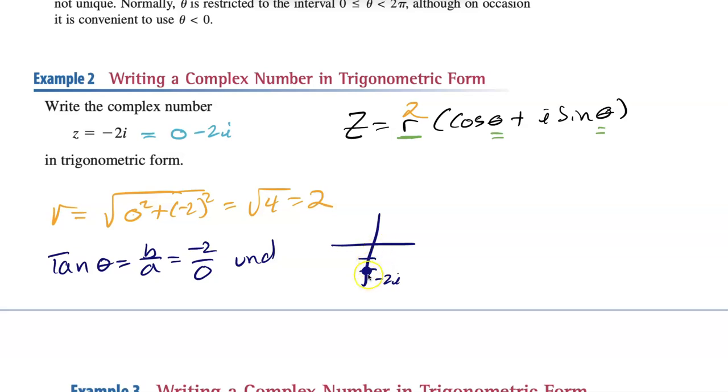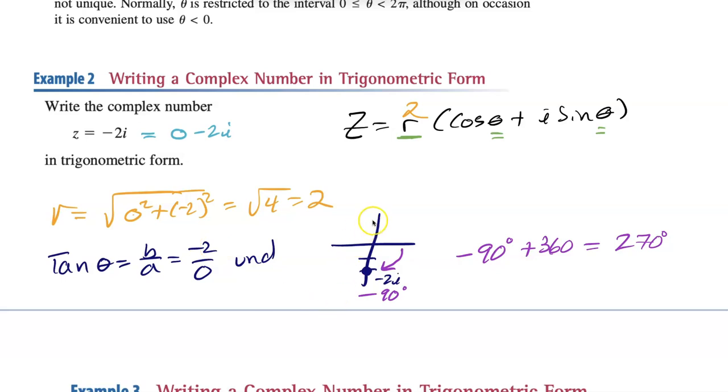So what angle is that? Well, inverse tan, right? Isn't that the angle of negative 90? If I want that in degrees, we're going to add 360, and that's going to be 270. So that's my angle, which makes sense.